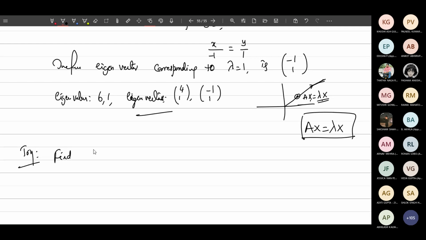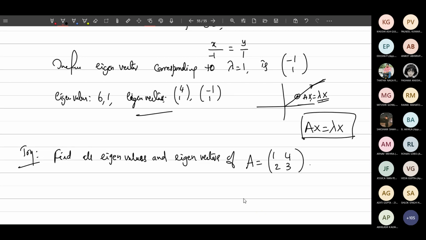Find all eigenvalues and eigenvectors of the matrix A equal to 1 4 2 3. The matrix 1 4 2 3.